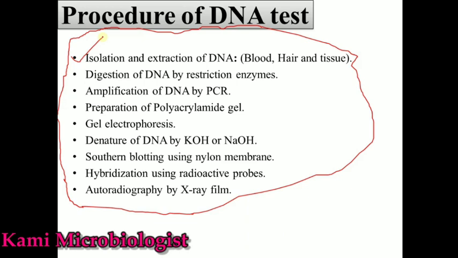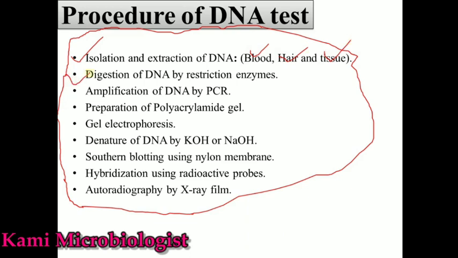The sample doesn't matter, it could be blood, it could be hair, or it could be any tissue. Once we collect the sample, from that sample we have to isolate and extract the DNA.